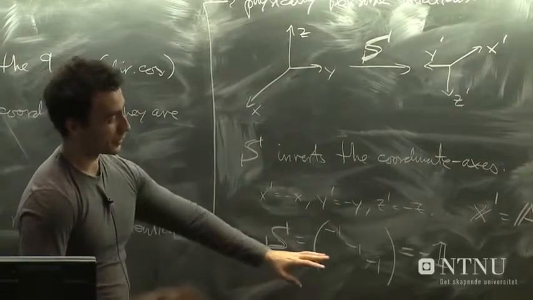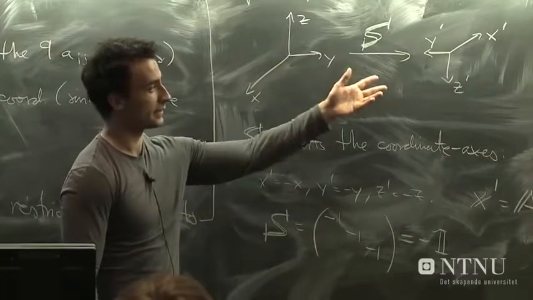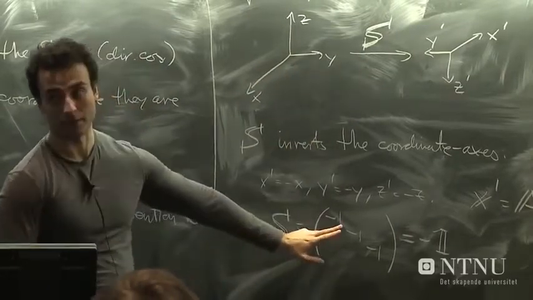And we see that the determinant of the transformation matrix which performs this inversion, this is in fact an inversion, is equal to -1.